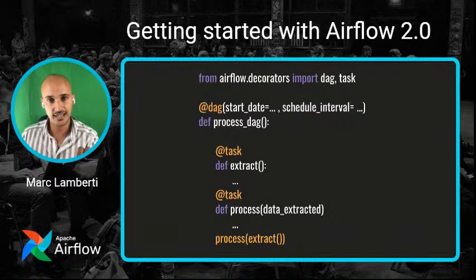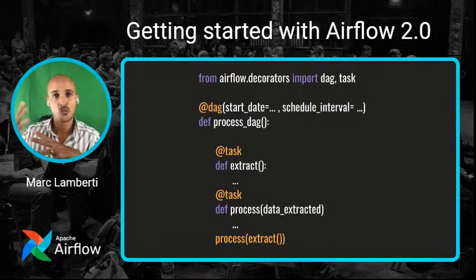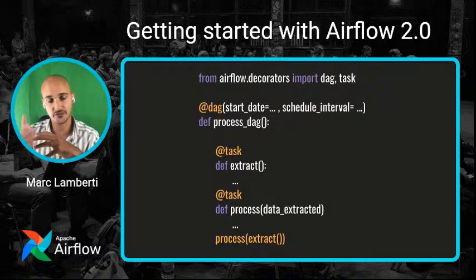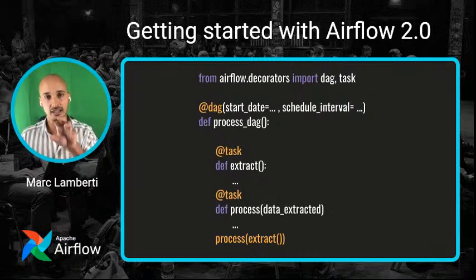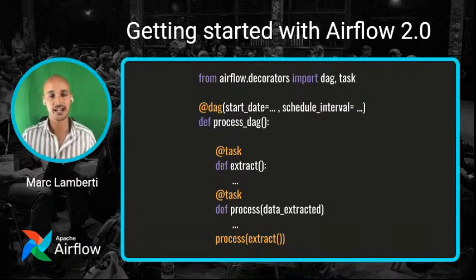Then the task process will automatically take the data produced from extract and will process the data. And you can clearly see the dependency from the functions below, with extract data being called first and then process data having the function extract as a parameter of the function process.